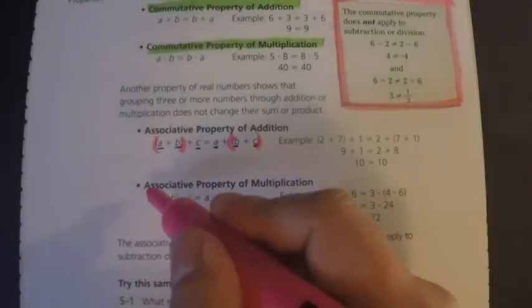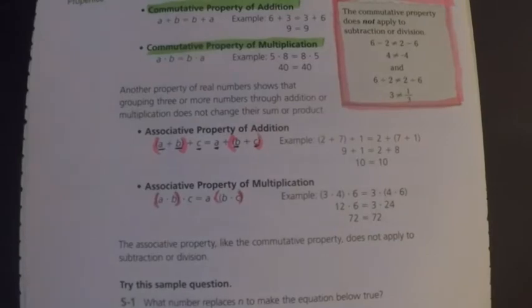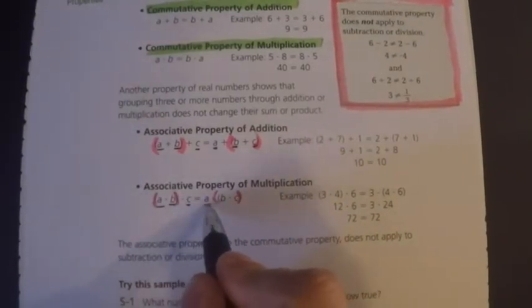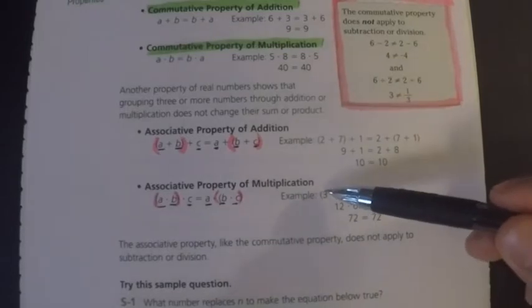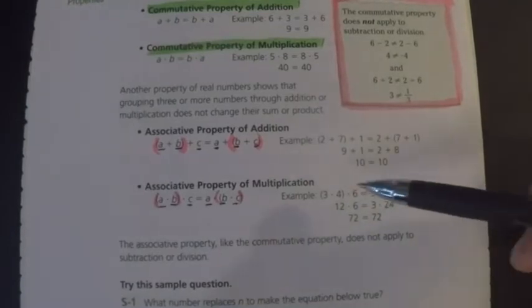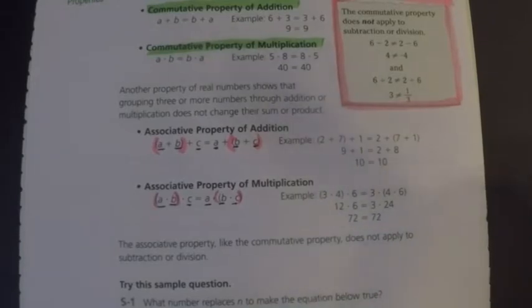And this is the same for multiplication. If we take a look at our original set of parentheses, they just slide down and they're grouped with another set of numbers there. But we still have A, B, and C. So the order didn't change. If you take a look at this example, they show you that if you multiply 3 times 4 times 6, multiplying 4 times 6 first versus 3 times 4 first, you'll eventually get to the same answer of 72.